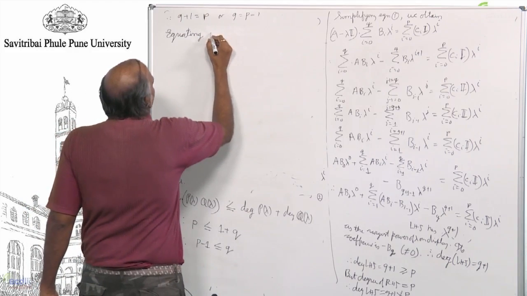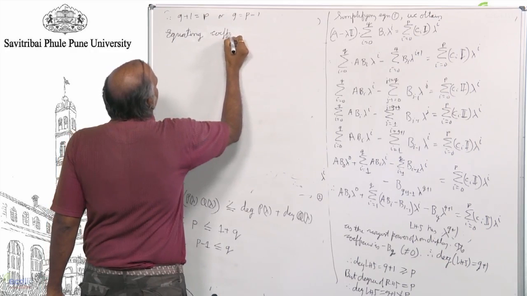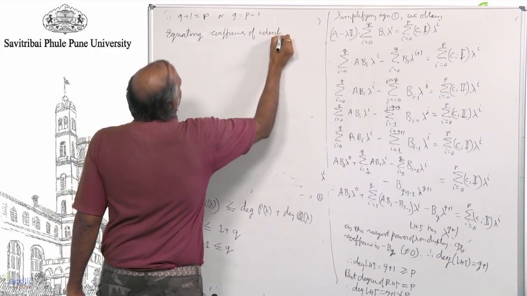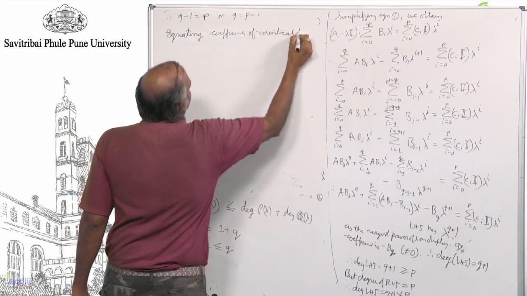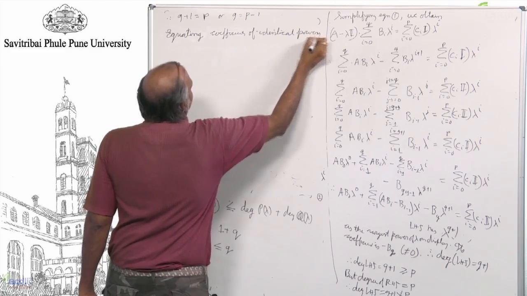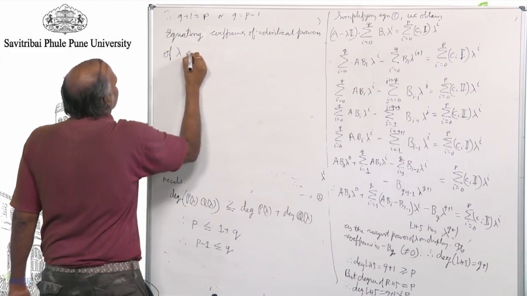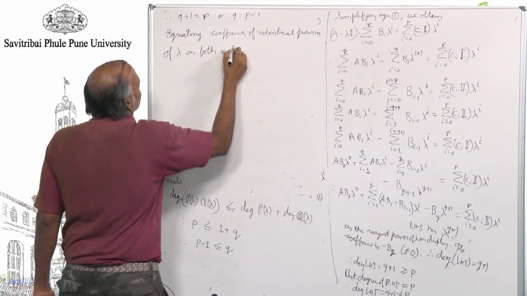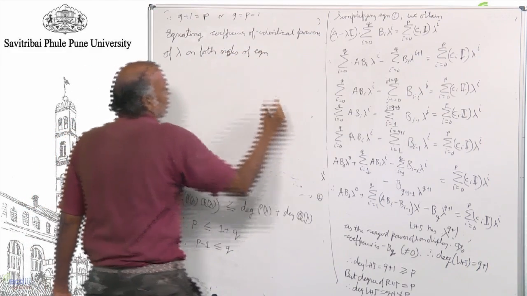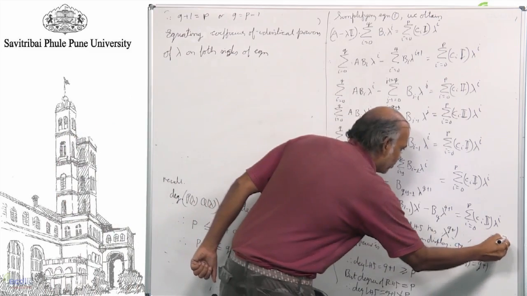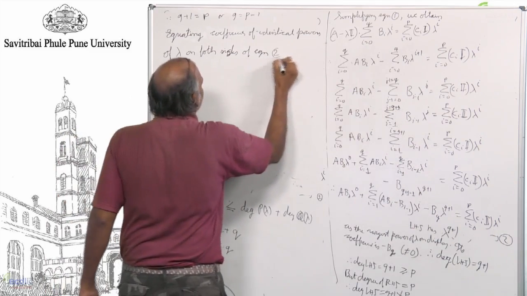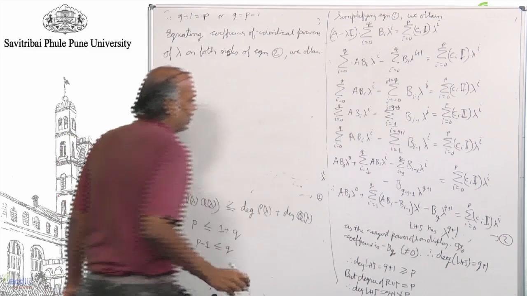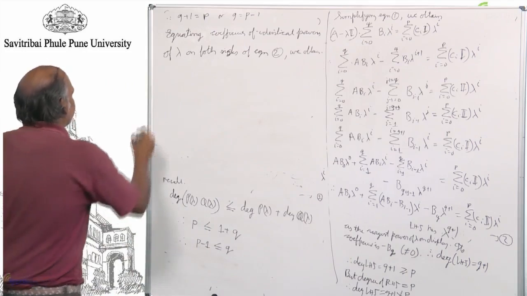Equating coefficients of identical powers of lambda on both sides of the equation, let me call this equation 2, we obtain, what do you obtain? Let us try to see.